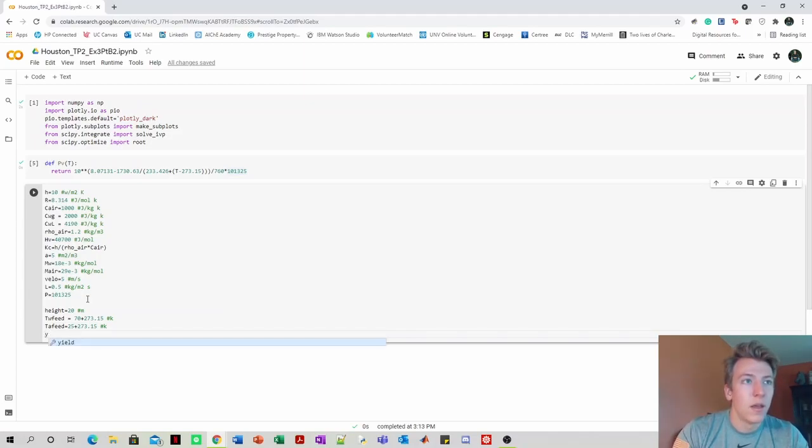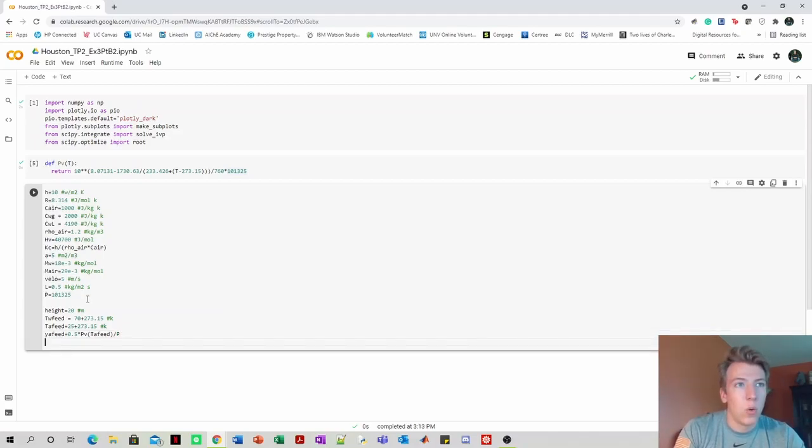Lastly, the mole fraction of air feed is going to be equal to 0.5 because of the 50% humidity, times that vapor pressure, PV, times the TA feed, divided by the total pressure.